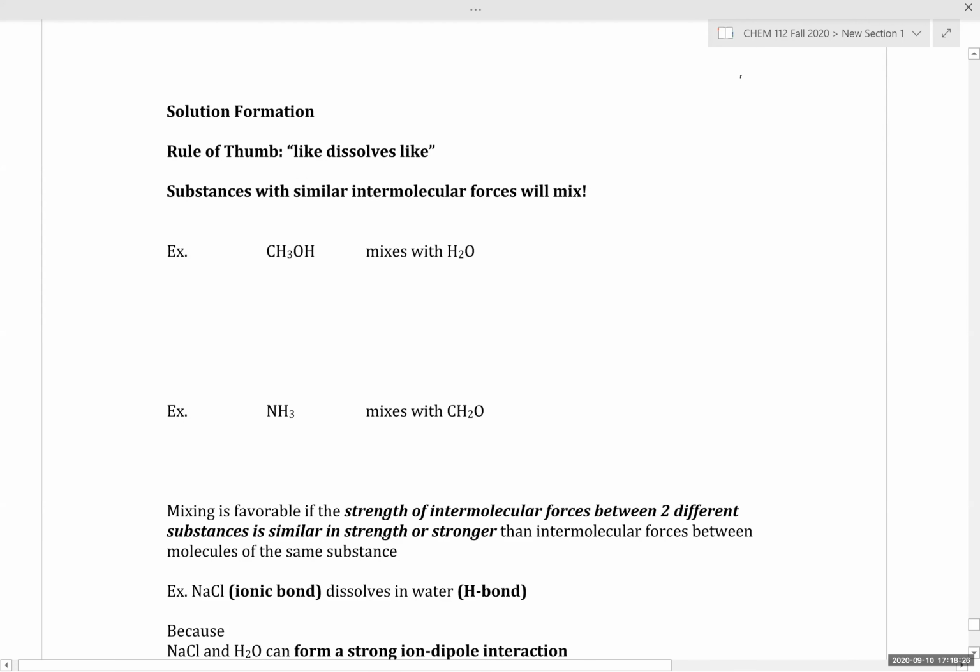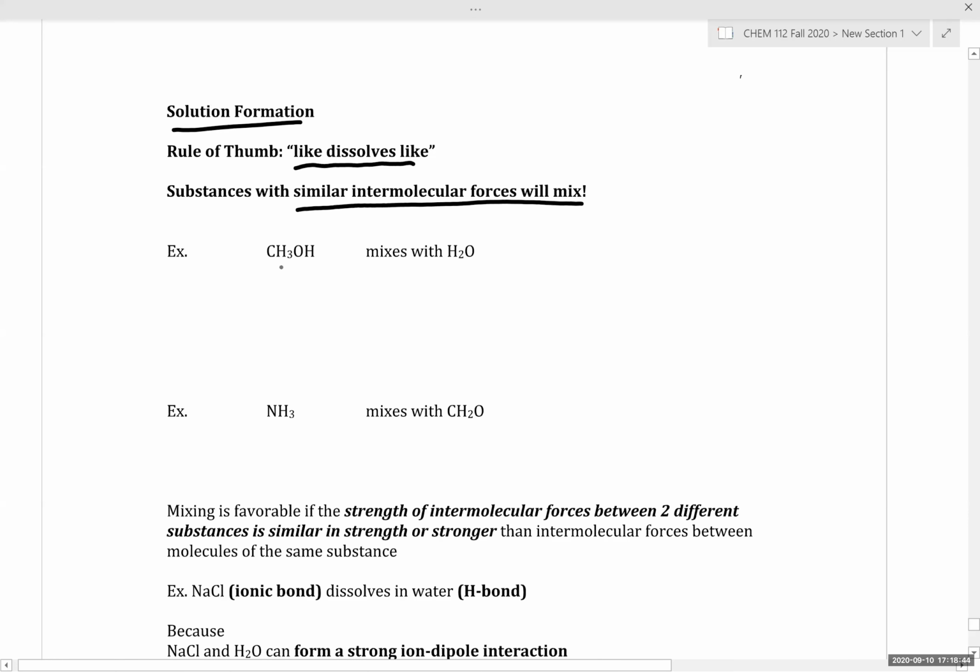Okay, so let's talk a little bit about solution formation, which, just like boiling point, is driven by intermolecular forces. So the rule of thumb is like dissolves like. So substances with similar intermolecular forces will mix.